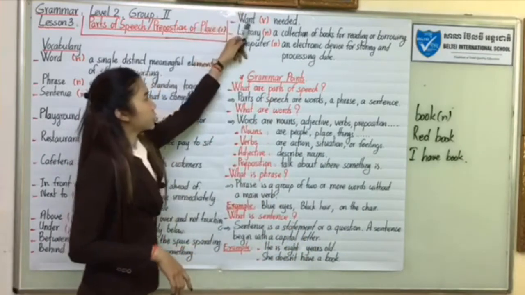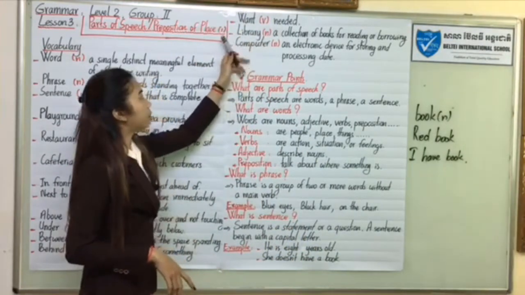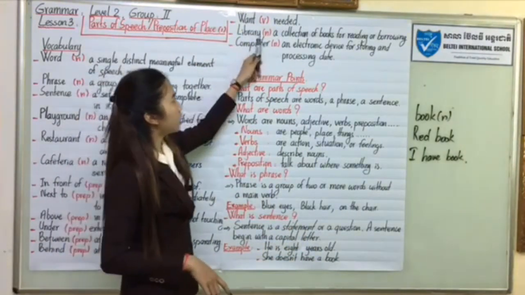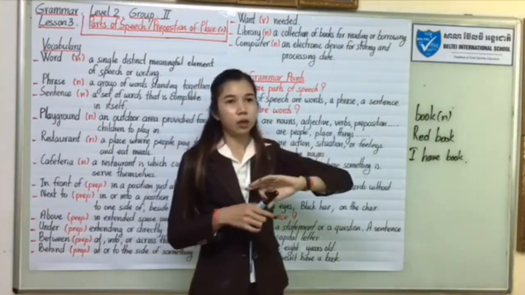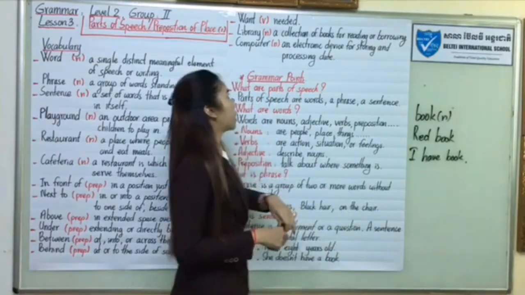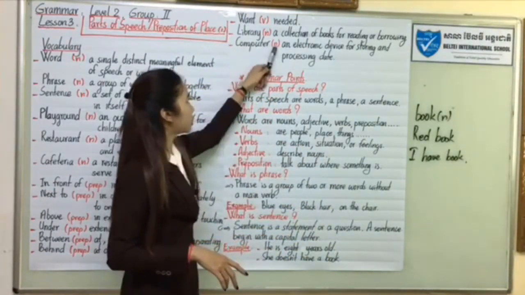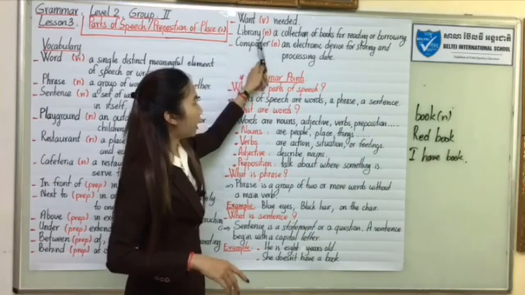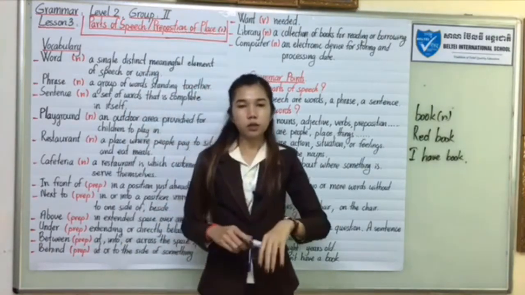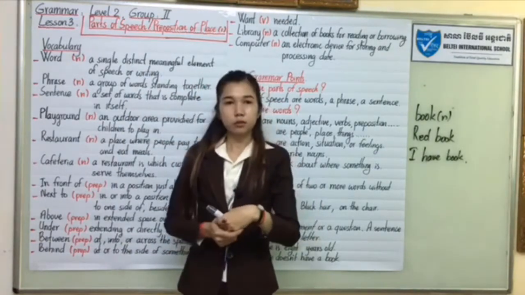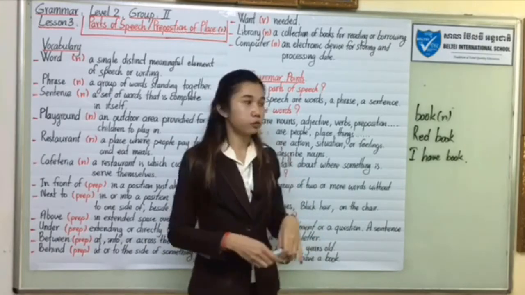Want, function as verb, need. I want an ice cream. Library, function as noun, a collection of books for reading or borrowing. For example, I go to the library two times per week. Computer, function as noun, an electronic device for storing and processing data. For example, all the teachers always have Zoom with all the students by using their computer.